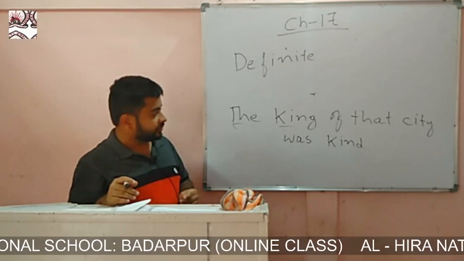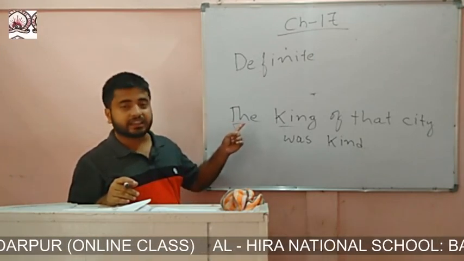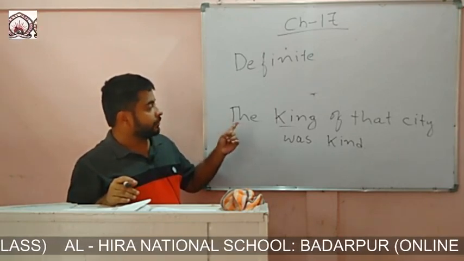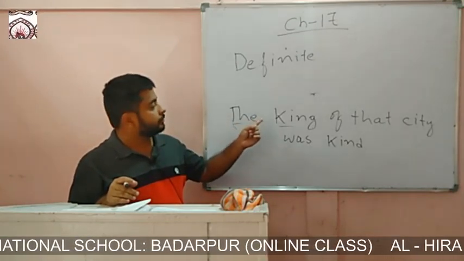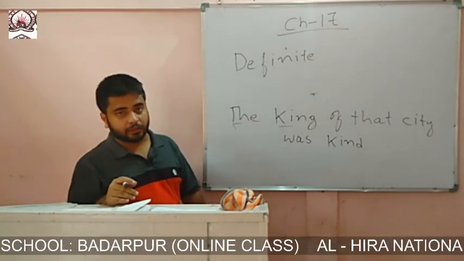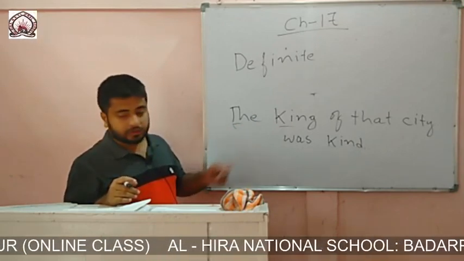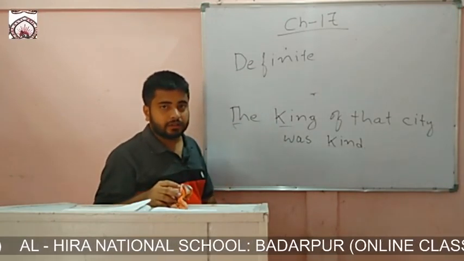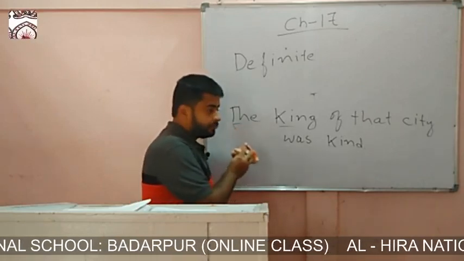He is from which city, he is from where. So I am using the because the king is particular and whom I know. That's why I wrote the before the noun king. So I hope you have understood definite article. Now I'll explain indefinite article with example. Please pay attention.